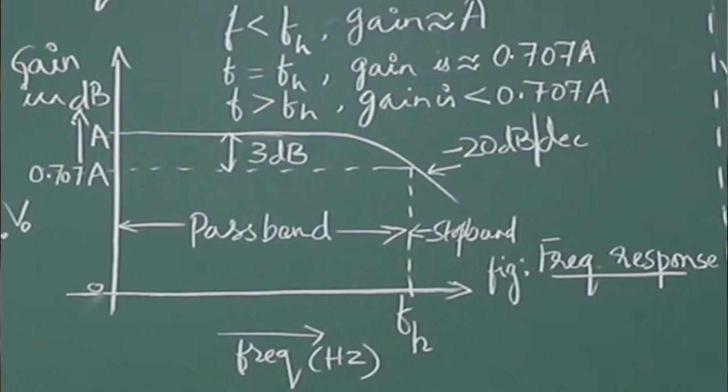When you plot the readings, we'll get this kind of frequency response. You need to plot it on a Semilog graph sheet. That's all about the low pass filter. Next we'll move on to the high pass filter.